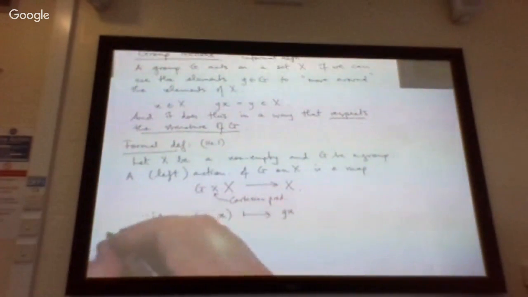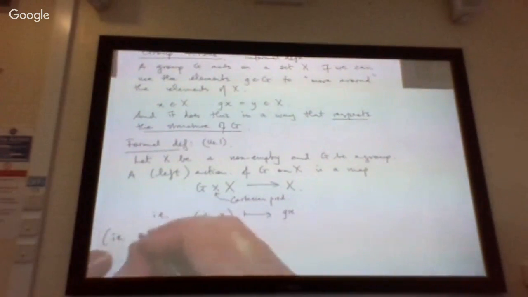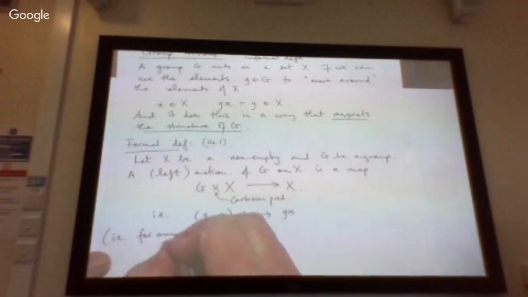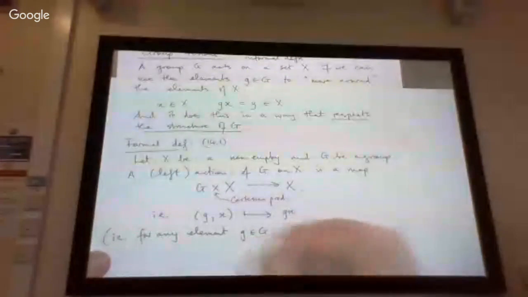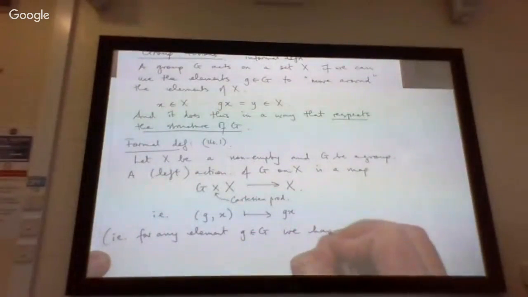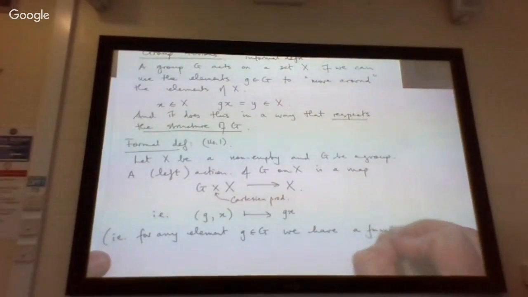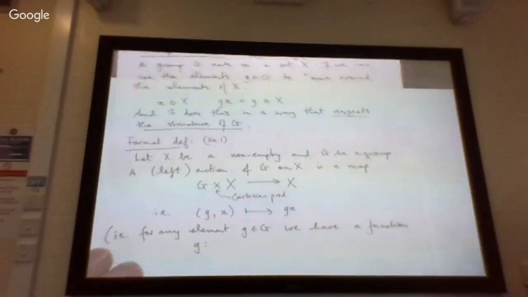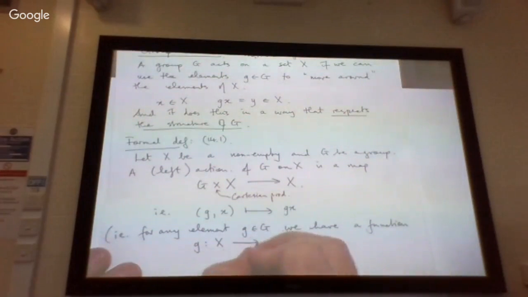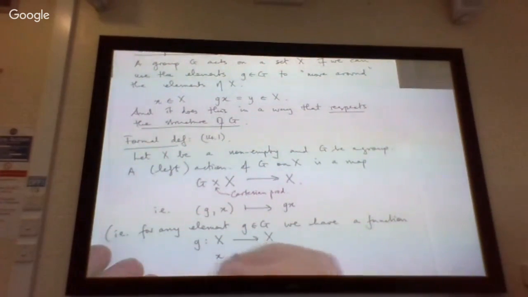Or another way of thinking of it is for any element g from G, we have a function or a map, called g, that goes from X to X, and it sends an element, little x, to the element gx.